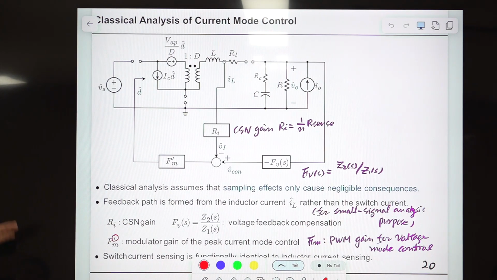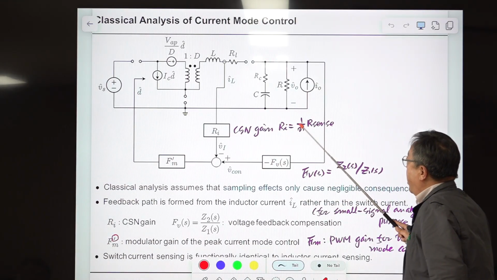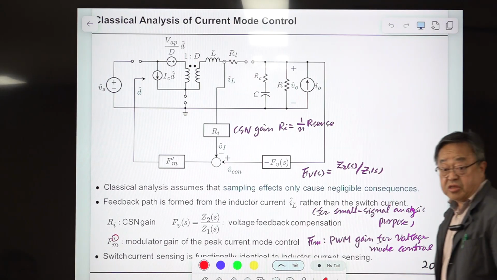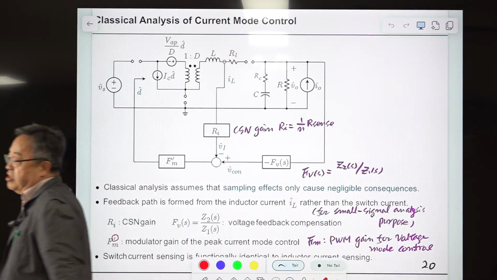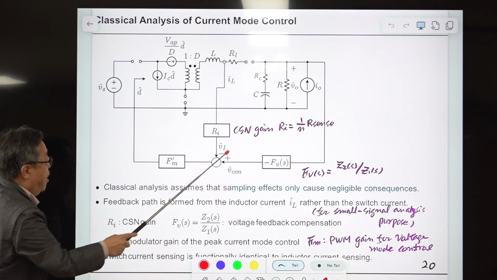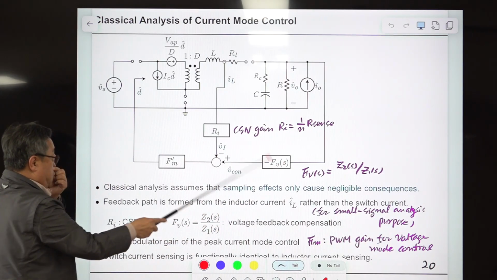If you use the current sensing network we studied before, or I fixed some error in the beginning of this class, that gain is 1 over N. N is the turns ratio of the current sensing transformer, and Rsense is the resistance employed to sense the inductor current, and that is changed to the voltage here, Vi hat. Everything is small signal, so we are using the hat notation, and this voltage is fed to this voltage feedback compensation.